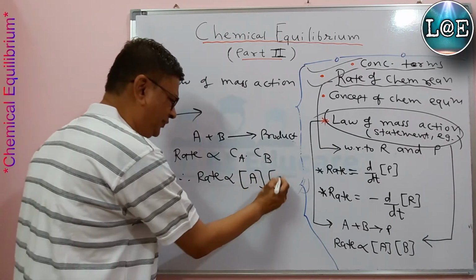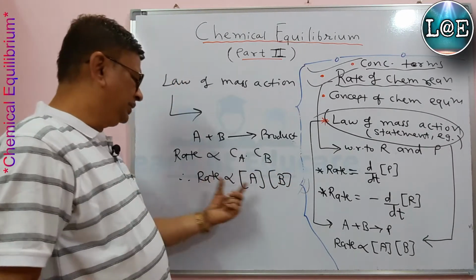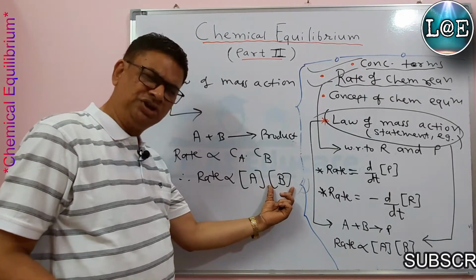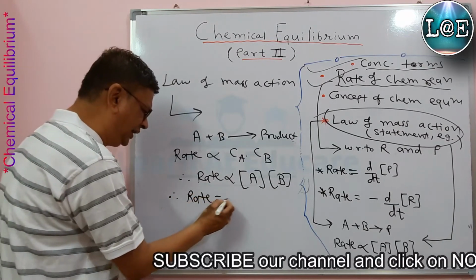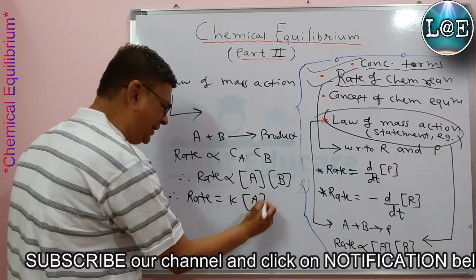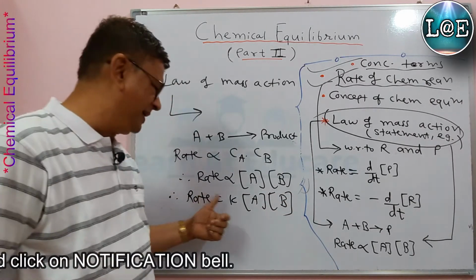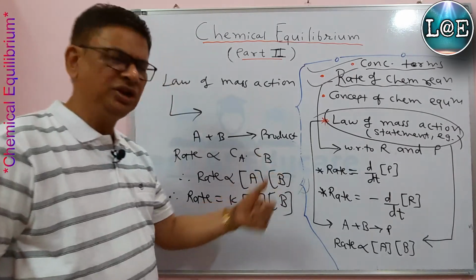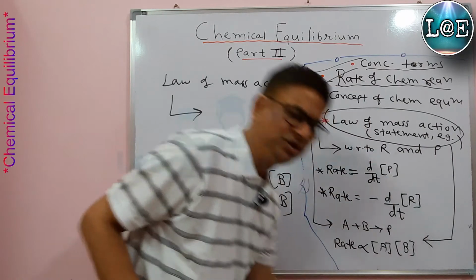You can introduce a constant of proportionality, suppose denoted by K, then the rate is given by K times concentration A into concentration B. That is the law of mass action for this particular reaction.